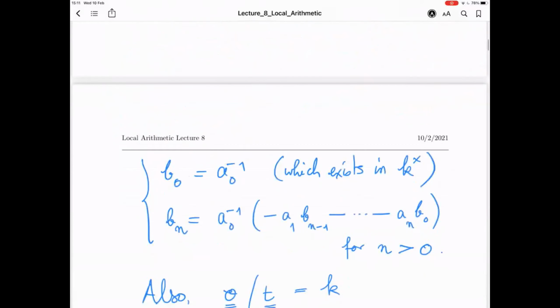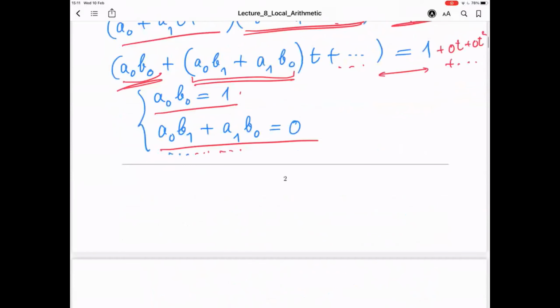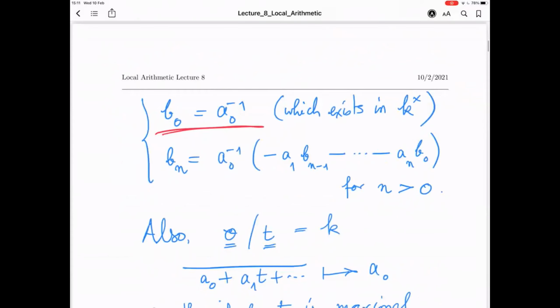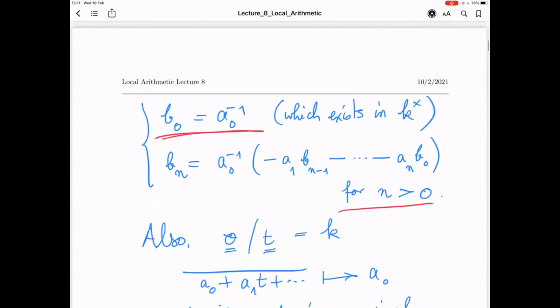So the first relation gives me immediately that B_0 has to be equal to this. And in general, these other relations will tell me that B_n has to be A_0 inverse times this. Of course, this is a relation in terms of the other B's, the lower B's.